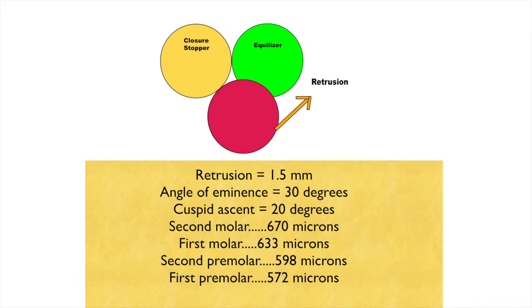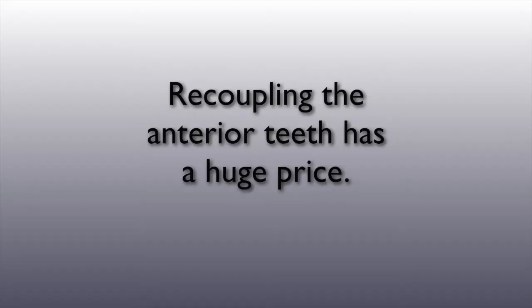So now the amount of reduction of tooth structure at the second molar has to be 670 microns, at the first molar 633, at the second premolar 598, and at the first premolar 572 microns. Recoupling the anterior teeth has a huge price.